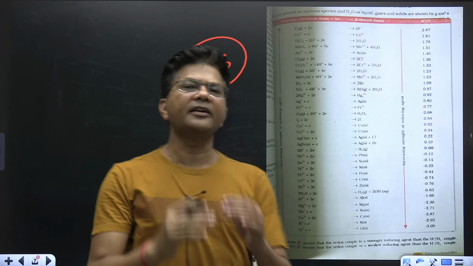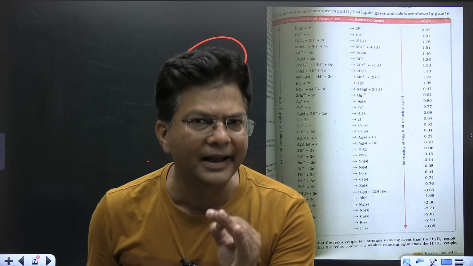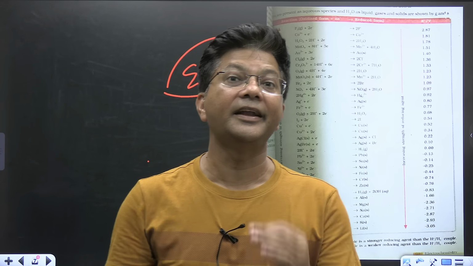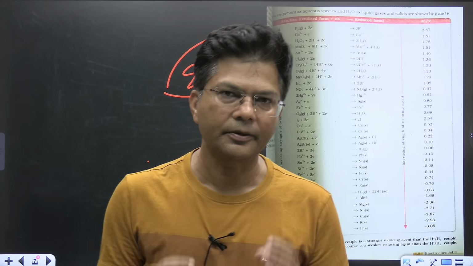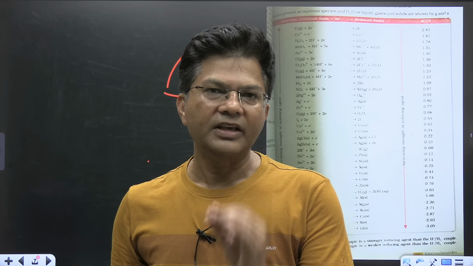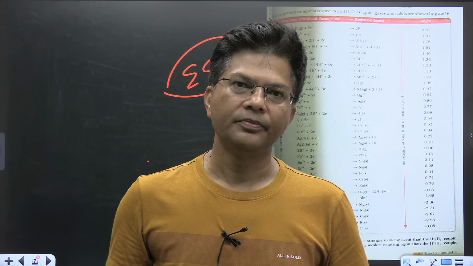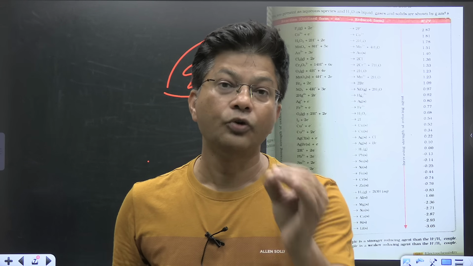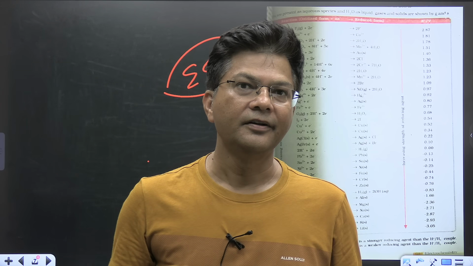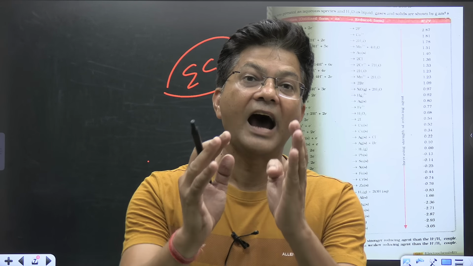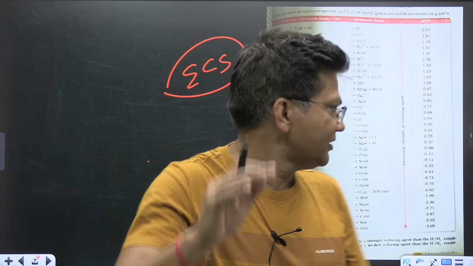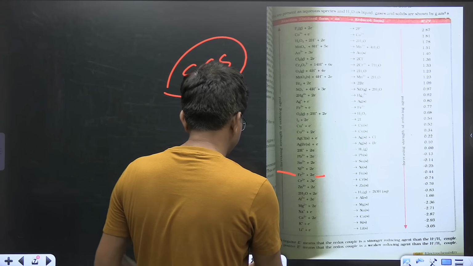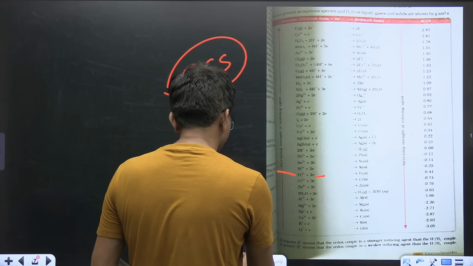And NCERT writes that any element which is a better reducing agent than hydrogen, that means hydrogen's SRP and SOP is 0. Any element which has a positive SOP value can displace hydrogen from the acid. Now you see, where is your tin? See, my dear students, tin is lying over here.